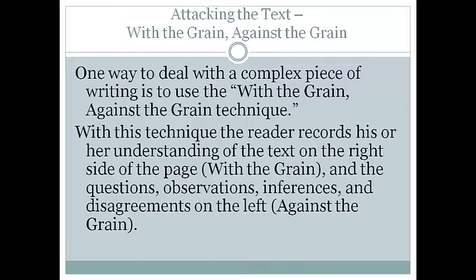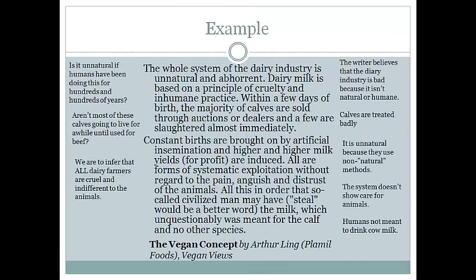So take a look here at this example. Here's a text that is put out by The Vegan Concept, in a publication called The Vegan Views. And this particular part starts off, it says, the whole system of the dairy industry is unnatural and abhorrent.